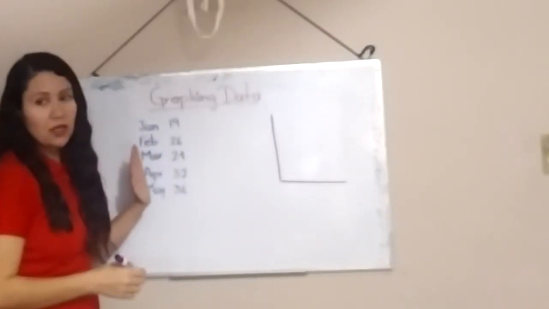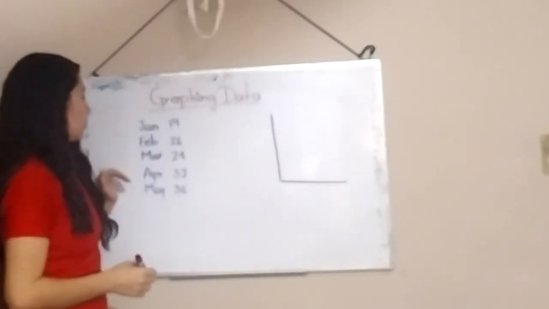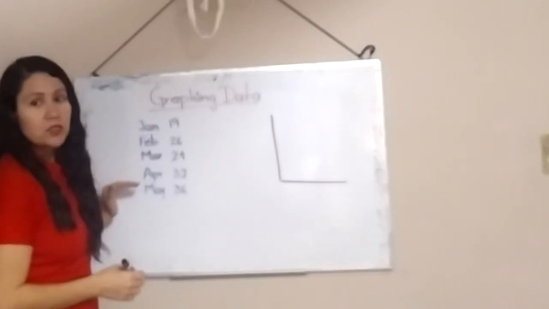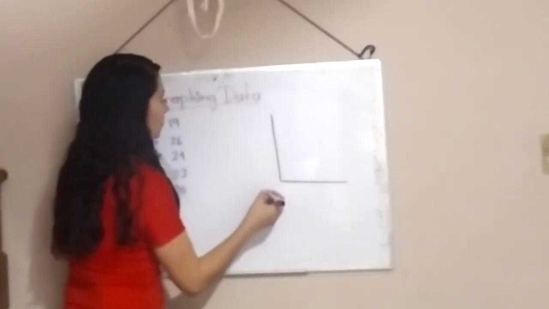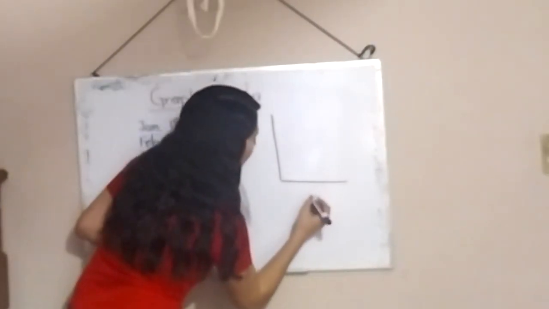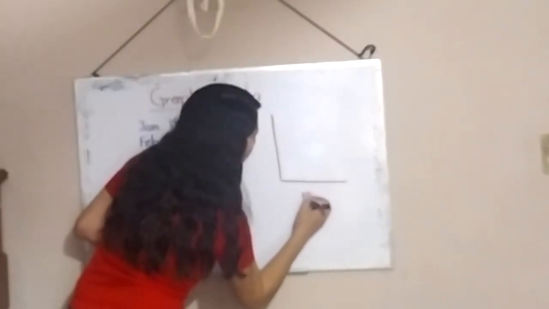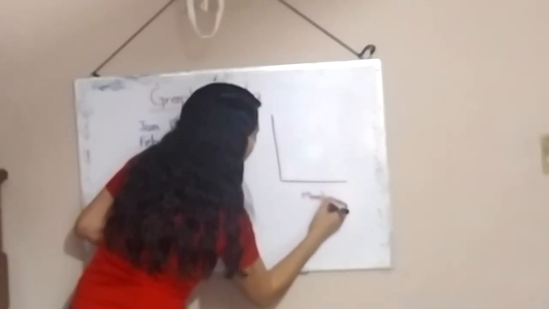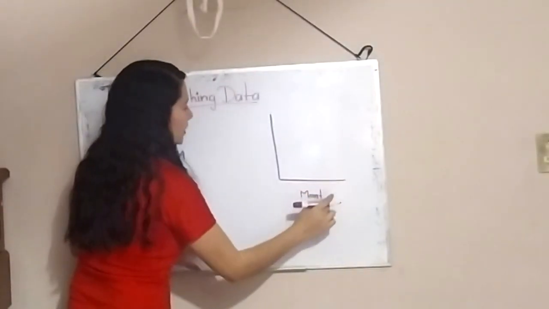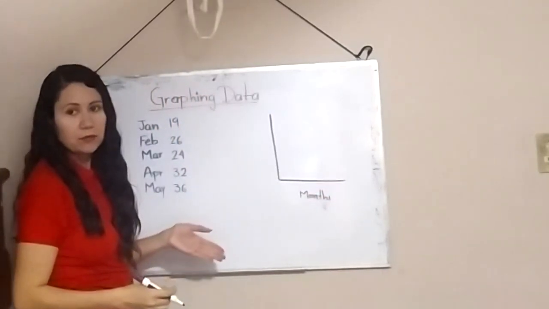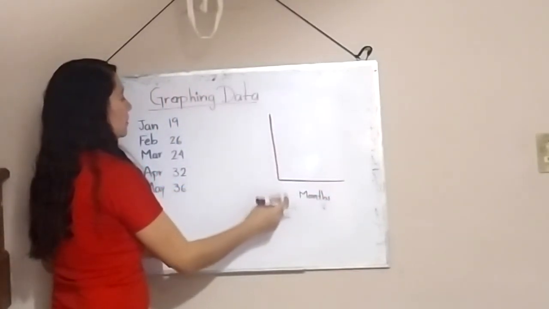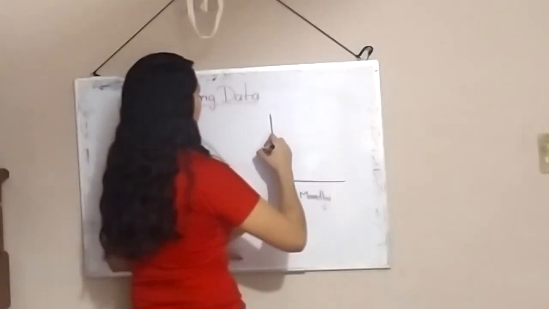Kelly was doing sit-ups, and this is her average per month. So we are going to label them. In this axis, we always have time. And here we will have the sit-ups.